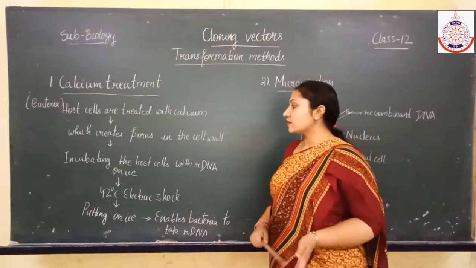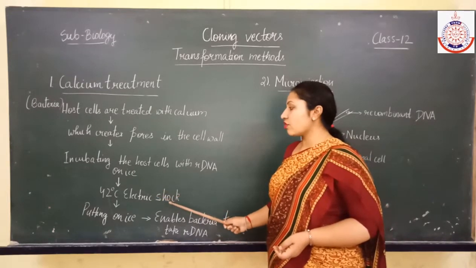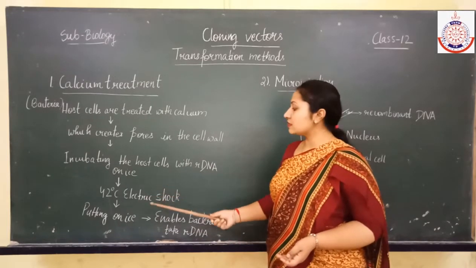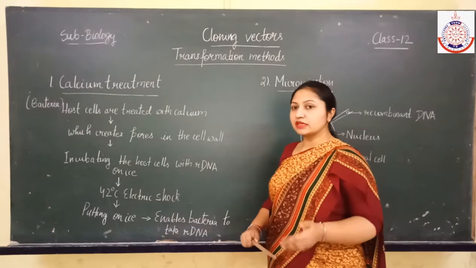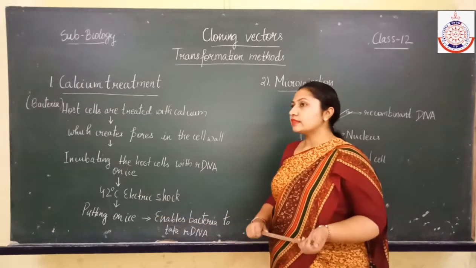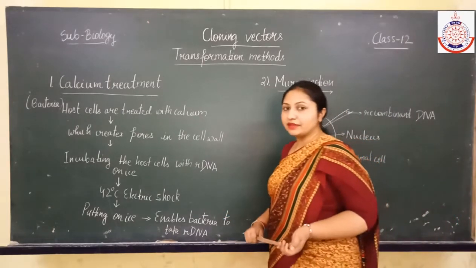Then the next step is giving a 40 degrees Celsius heat shock, and then again putting the cells and rDNA on ice. Then it enables the bacteria to take up the rDNA.